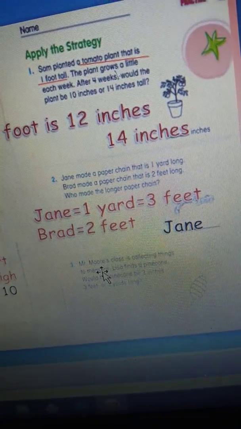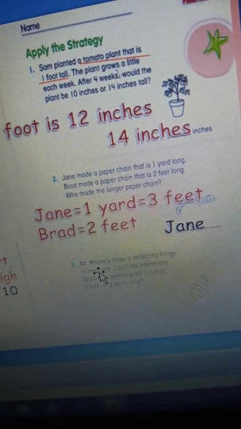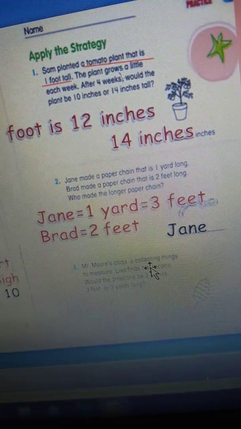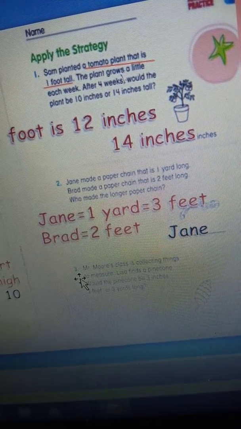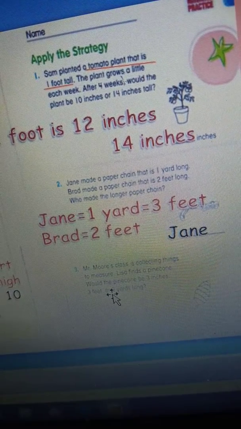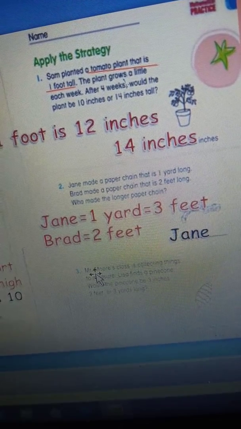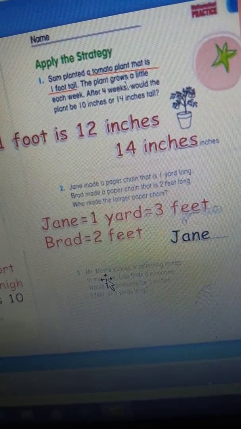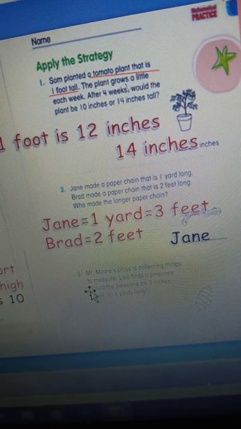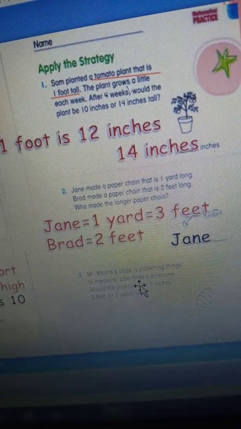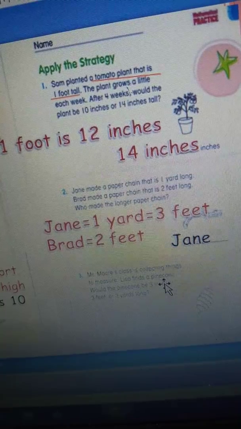Okay? Now, last example. Mr. Moore's class is collecting things to measure. Lisa finds a pine cone.